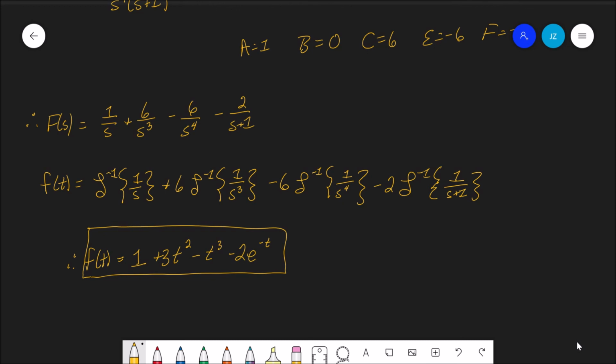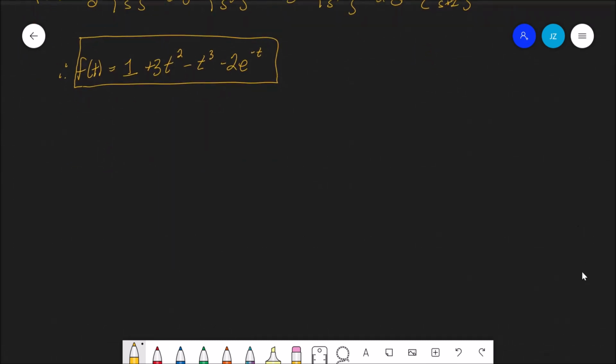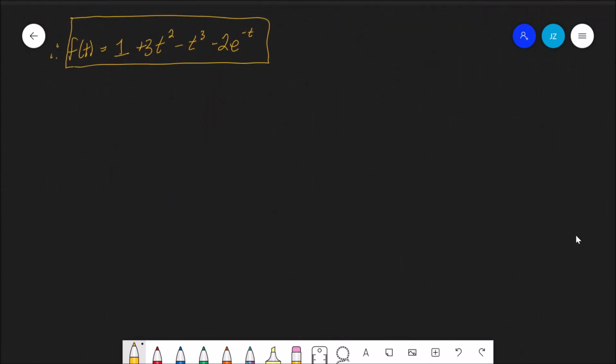One final property to look at: the transform of a periodic function.